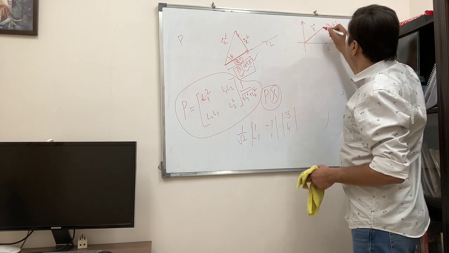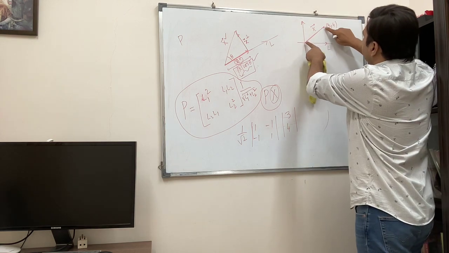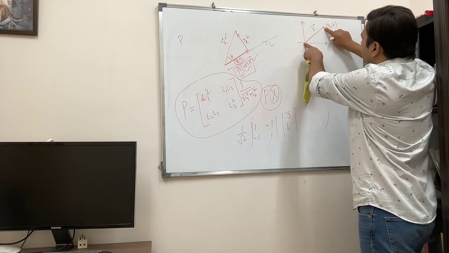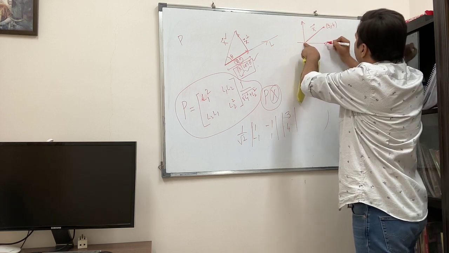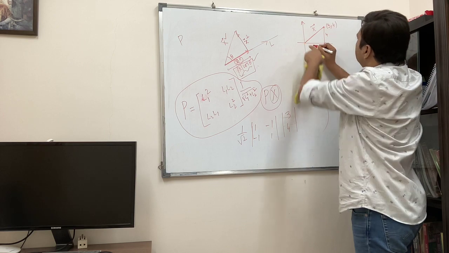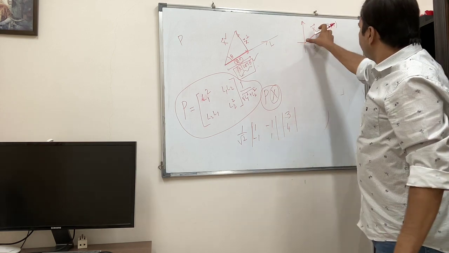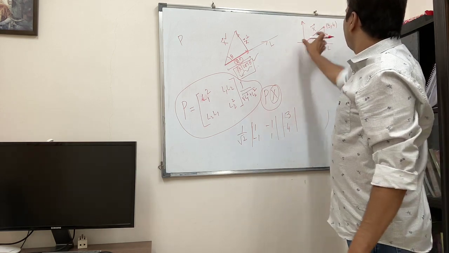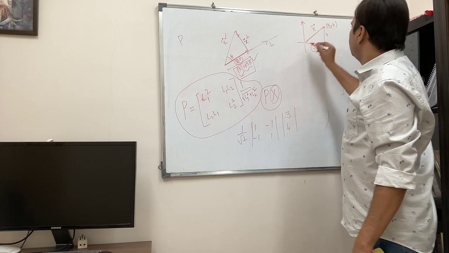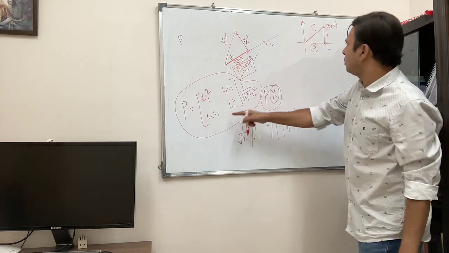This vector has length 5 from the Pythagoras triangle: this is 3 and this is 4, right? If you take the projection of this vector along L, you should get 3. Let's see whether we get 3 from this or not.